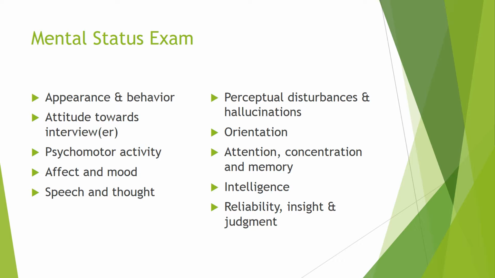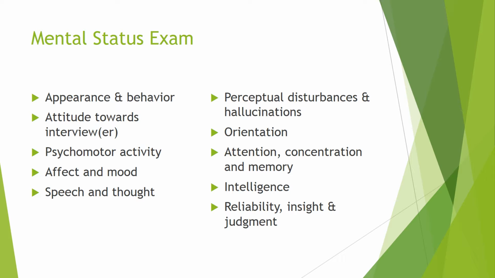Assessments of their attention, concentration, and memory. We're looking for cognitive impairments here. There's some pretty simple ways to test that. The book talks about things like serial sevens, counting backwards, those sorts of things. We're also doing not a detailed assessment of their intelligence, but really some simple ways to try to assess whether or not they appear to be of, quote, average or adequate or normal intelligence.